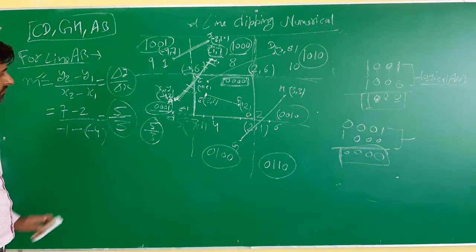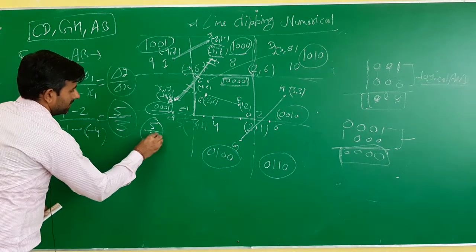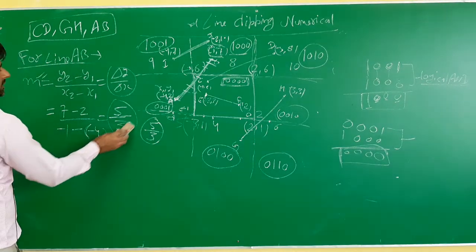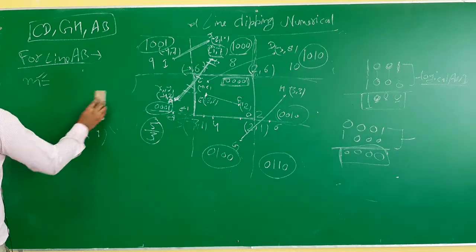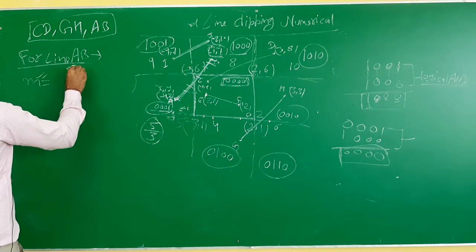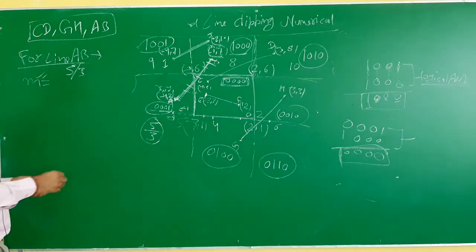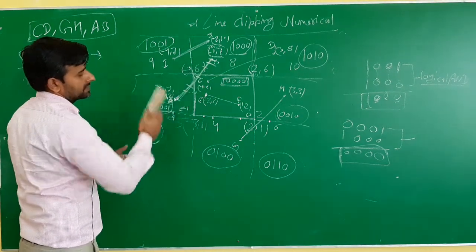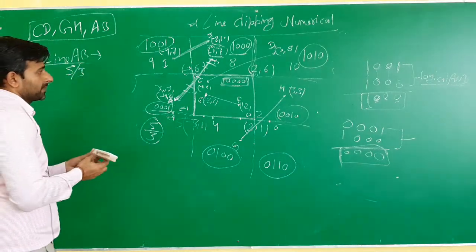Clear? Now, what we have to find? We have the slope value 5 by 3, and this slope value will be same for all the points.